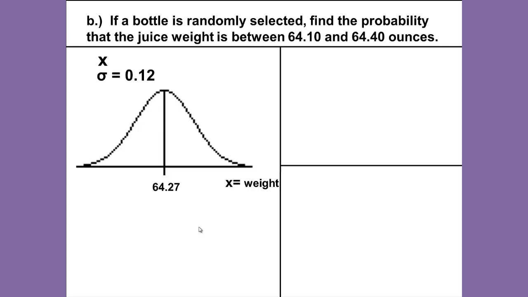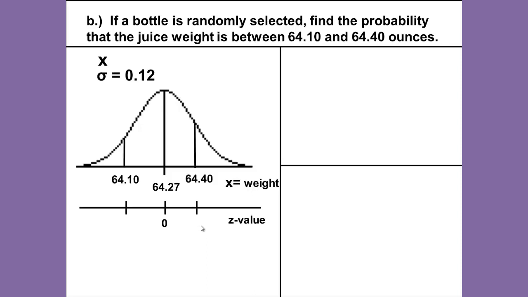We then want to mark 64.10 and 64.40 as our x-values, and their corresponding values underneath for our z-values. Since we're looking for between those values, we'll shade between them on our graph, and that is the answer we're looking for.